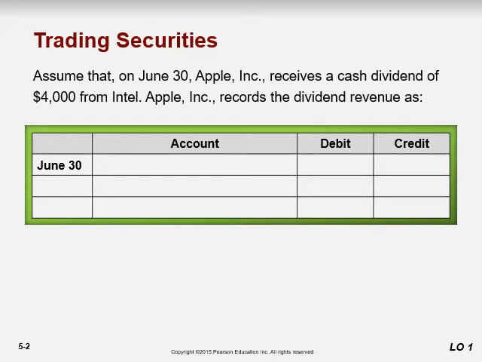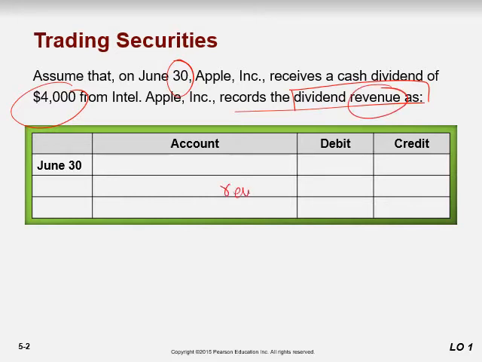So assume that on June 30 you received a dividend of 4,000 from Intel Corporation and you record it as dividend revenue. So whatever is the revenue, when revenue increases, it's credit.